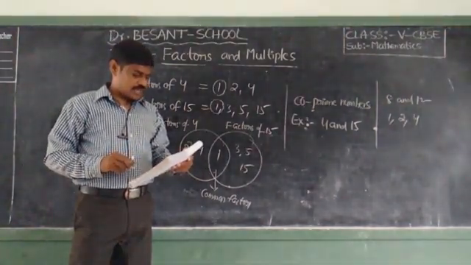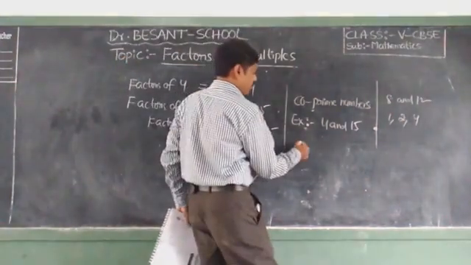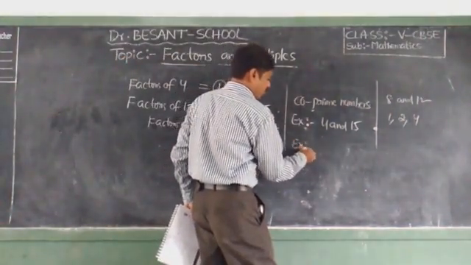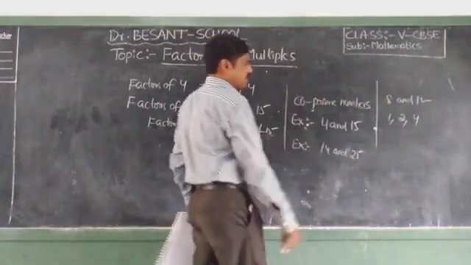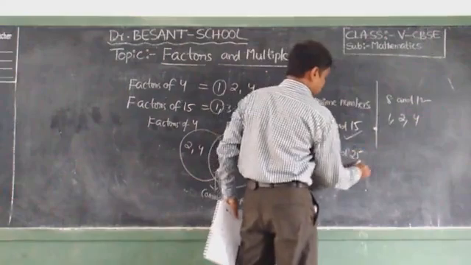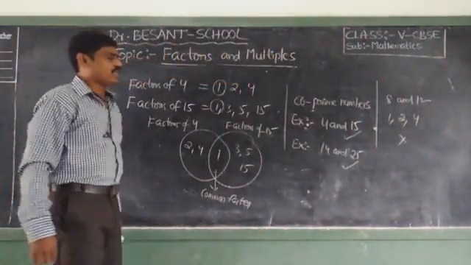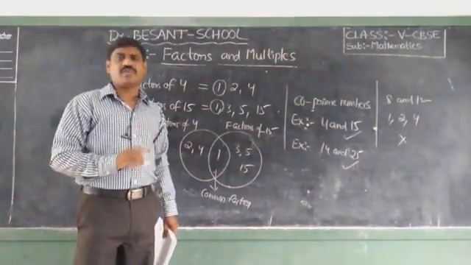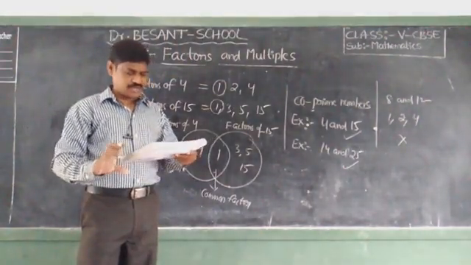Next, are 14 and 25 co-prime? Yes. 14 and 25 have only one common factor, 1. That's why these two are co-prime numbers. Okay, next.